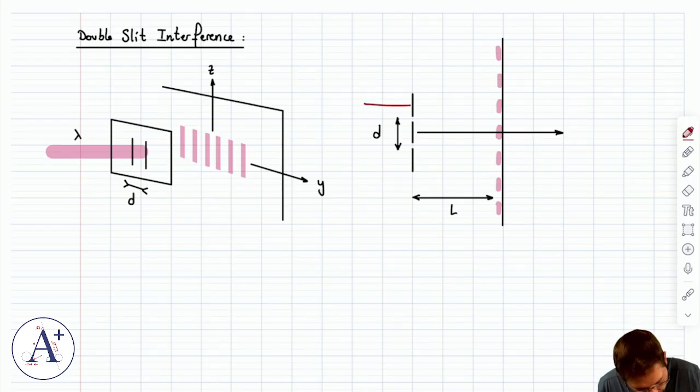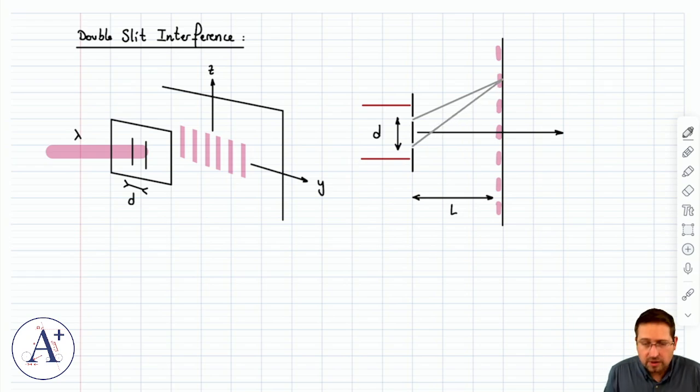But then if you think about it, you kind of go back to what we said earlier, and that's the fact that light coming out of the top slit is not going to travel the same distance as light coming out of the bottom slit. And so the waves are going to reach the screen shifted, and sometimes they're shifted the right amount that you get a bright fringe, and sometimes they're shifted the right amount that you get a dark fringe, and then it starts over because if you shift a little more, it becomes a bright fringe again.